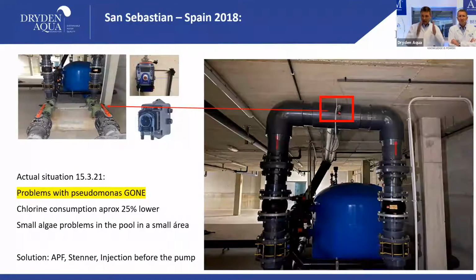But yes, they break, by photolysis, they break down inorganic combined chlorine, monochloramine, dichloramine, trichloramine, but the end product is nitrate, and your nitrate levels will grow. And nitrate is a fertilizer, it's perfect for algae. Small algae problems in the pool. So better to stop this, to go for activated carbon, or in the future, even for the Avenox.